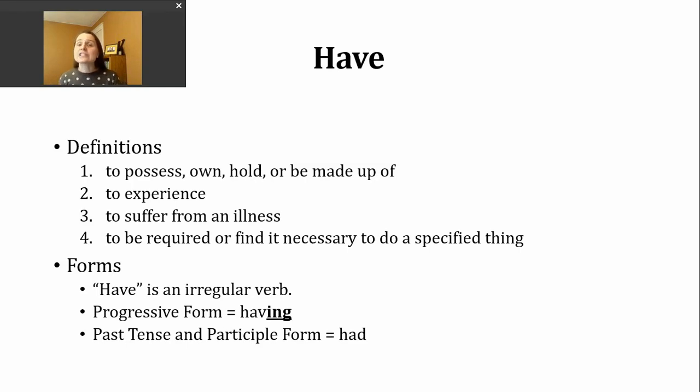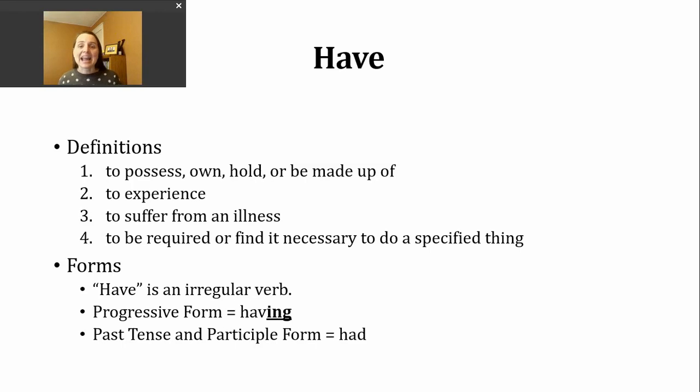A fourth way to use the verb have is to mean to be required or find it necessary to do a specified thing. So for this definition, I want you to think of children and parents. Parents remind them, you have these chores, these things to do. Their friends ask them, can you go out and play?